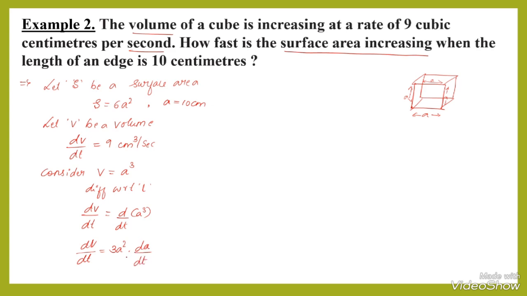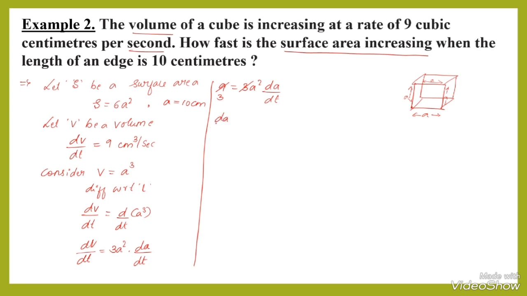Okay, now we are already given dV by dt, so I can substitute the values here. It becomes 9 is equal to 3 into a square dA by dt. Okay, here 3 ones are 3, 3 threes are 9.